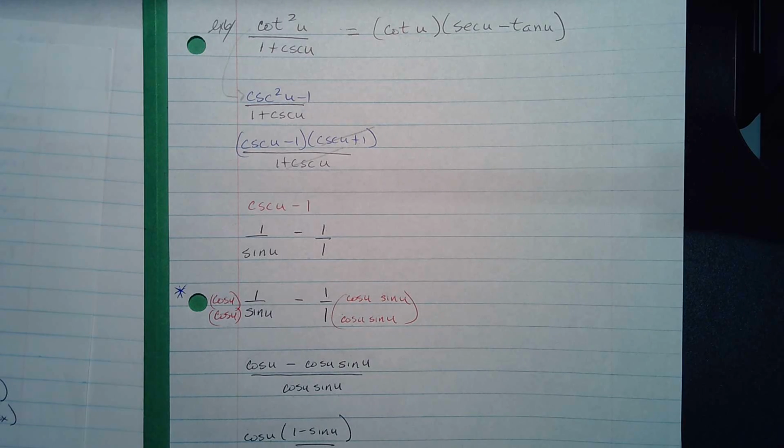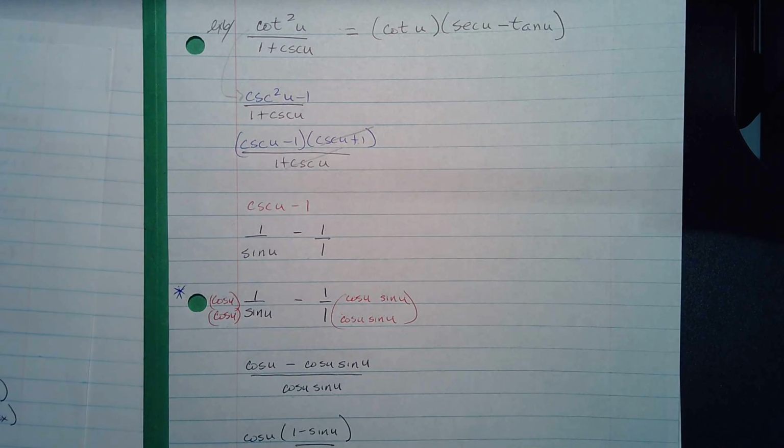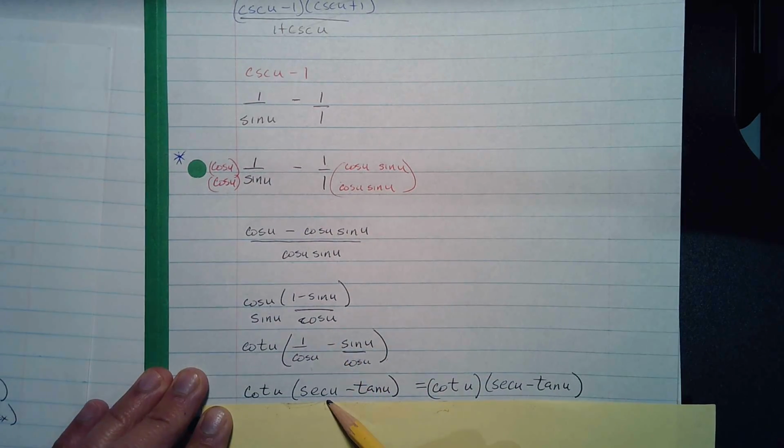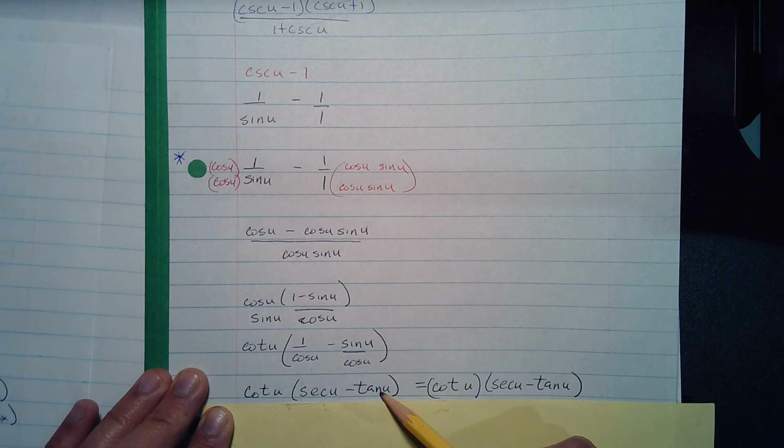Now, I have this. I'm going to break up this fraction into two partial fractions. So 1 minus sine u over cosine u. This here is equivalent to this. I just broke it up. Well, 1 over cosine u is secant u.